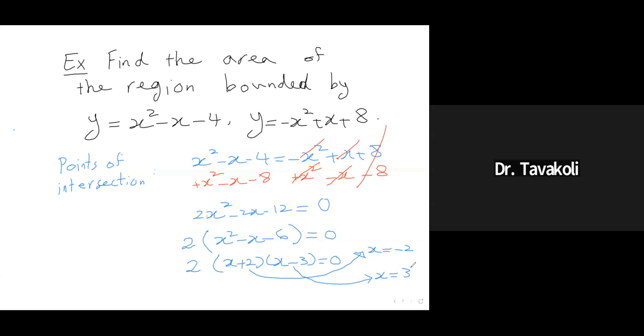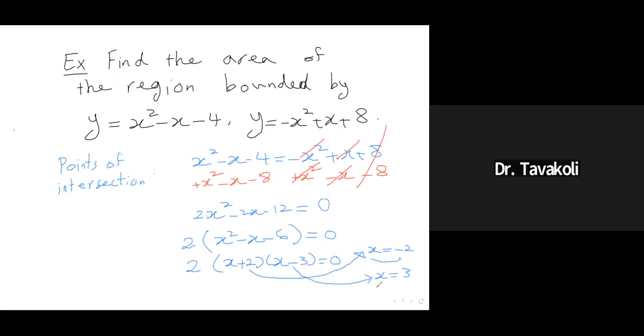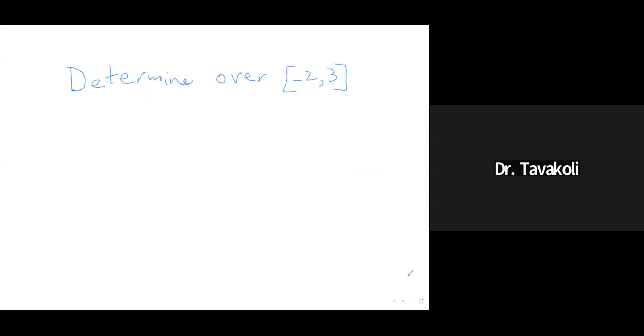The next thing that we are going to do, similar to the previous example, we should determine over the interval from -2 to 3, this interval that we found the endpoints of, which one happens?